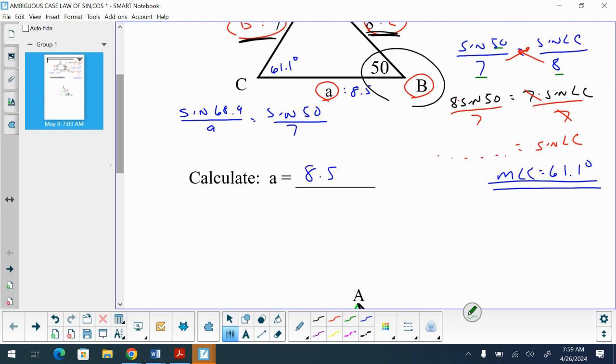But if we take a look at the next scenario here, we have the sine of an angle equal to a decimal. To solve this problem, we took the inverse sine of both sides.